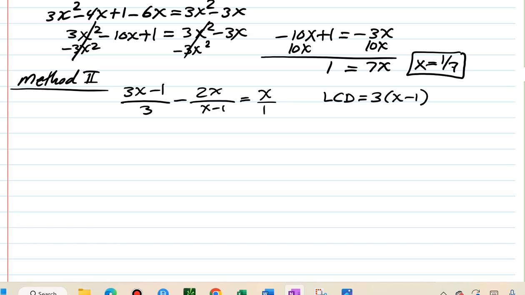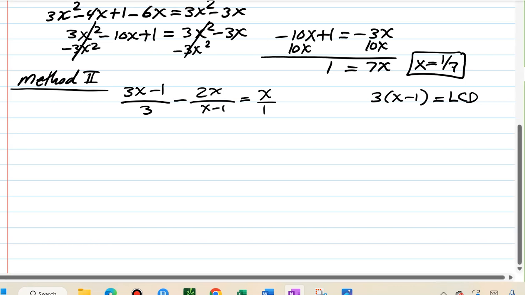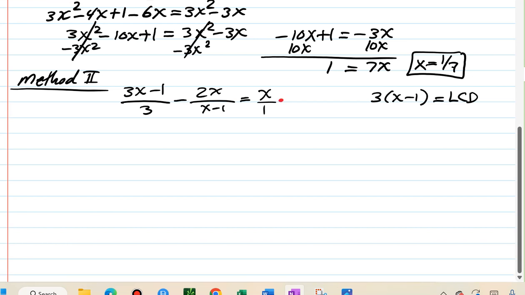Now here's how this is different from the first method. Once we identify the LCD, we're going to actually multiply both sides by the LCD. So I'm going to times this by 3 times (x minus 1). I'm going to multiply the left side by 3 times (x minus 1).